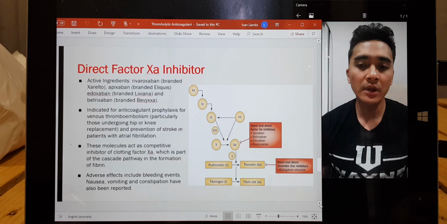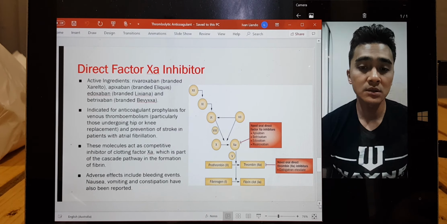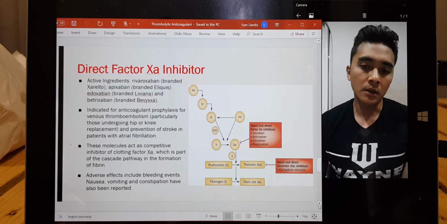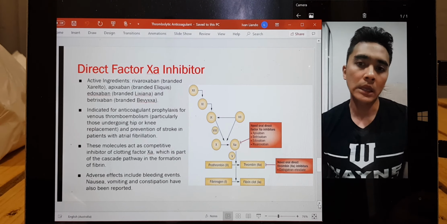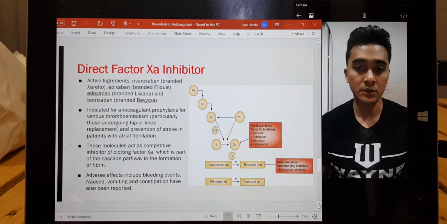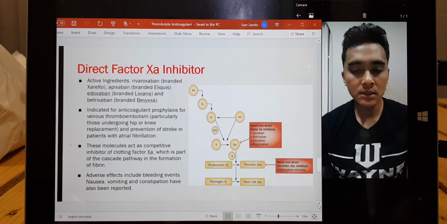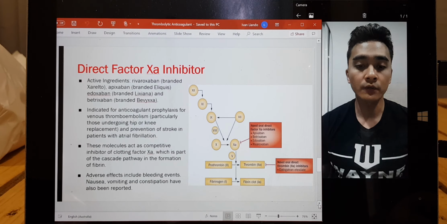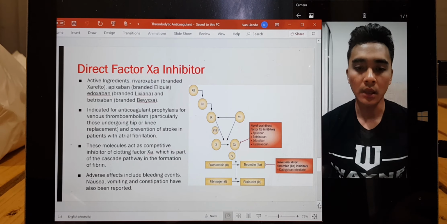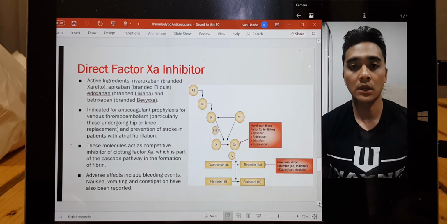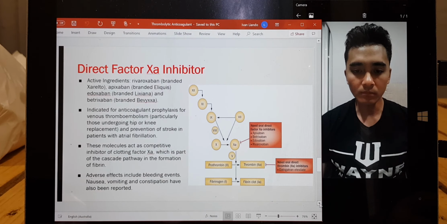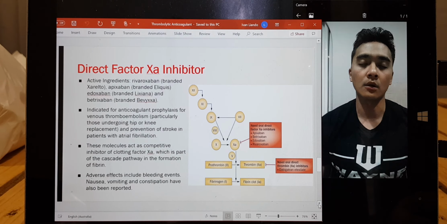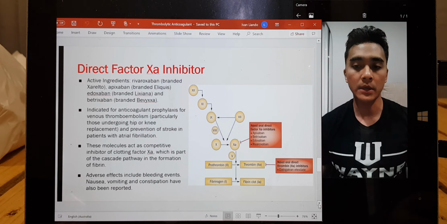Now, indications are pretty much the same as direct thrombin inhibitors, but this particular medication is used more in patients undergoing hip or knee replacement surgeries. It acts as a competitive inhibitor of clotting factor 10a, which converts prothrombin to thrombin, and ultimately, again, it inhibits fibrin formation. Bleeding is the most common adverse side effect, along with nausea, vomiting, and constipation.